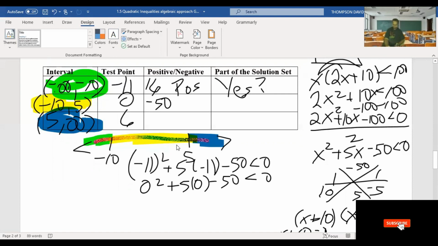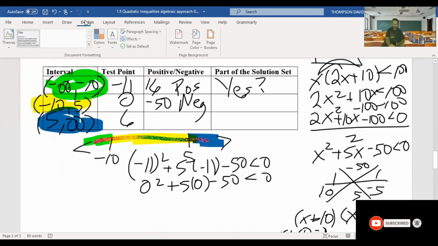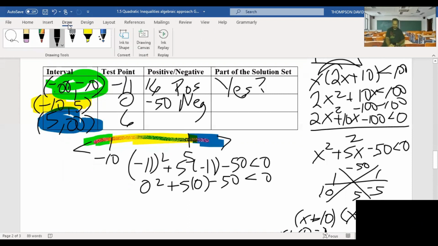And that's negative, and that's less than 0. So this one is part of the solution set.